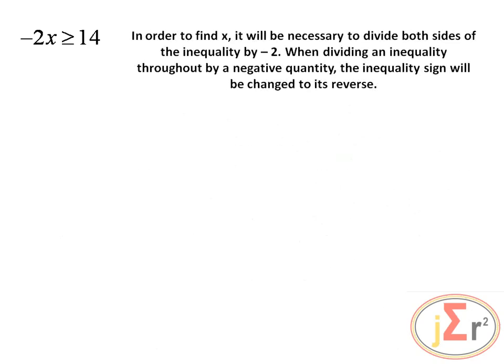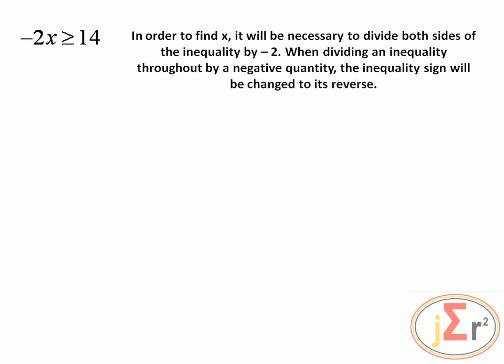In order to find x, it will be necessary to divide both sides of the inequality by -2. When dividing an inequality throughout by a negative quantity, the inequality sign will be changed to its reverse.